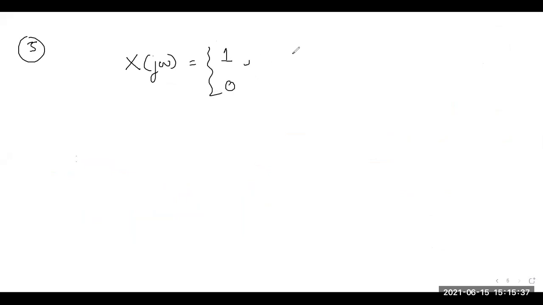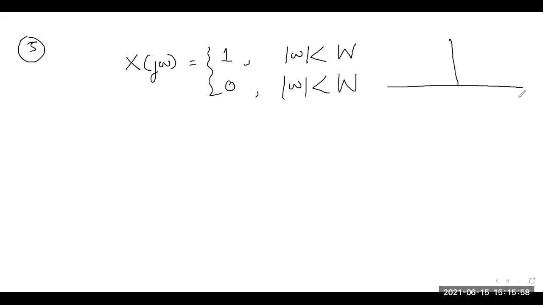It is equal to 1 for the values of omega less than some value capital W, and for the values of omega greater than W, it is equal to 0. So if you plot this given Fourier transform graphically, it's obvious that you get something like this.